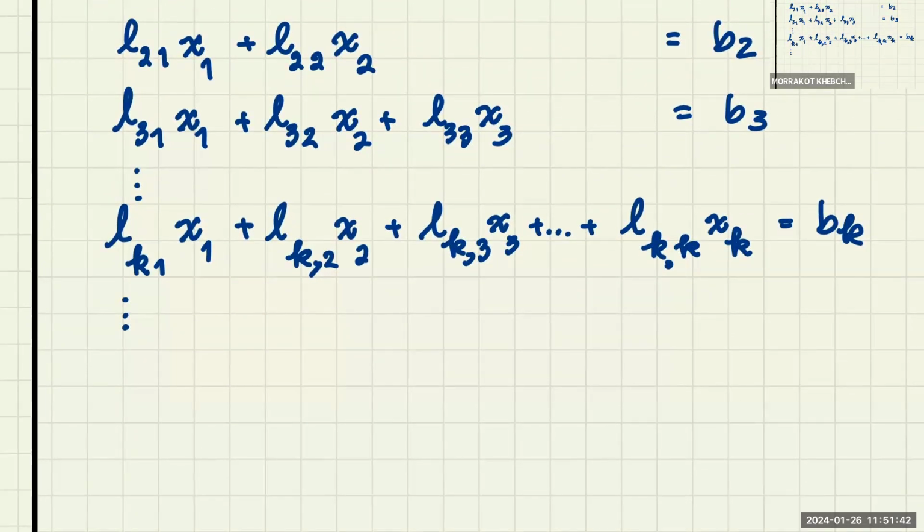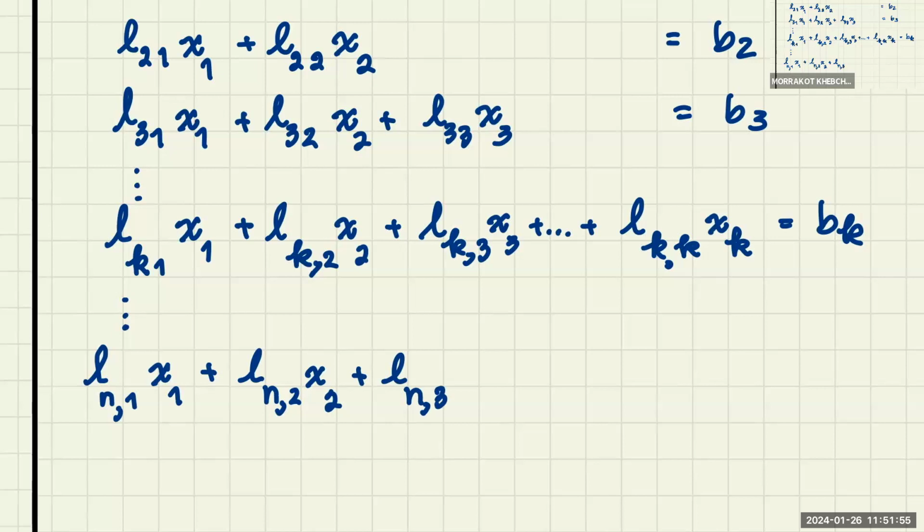Up to the end, Ln1 x1, Ln2 x2, Ln3 x3 plus to the last one, Lnn xn equal to bn.